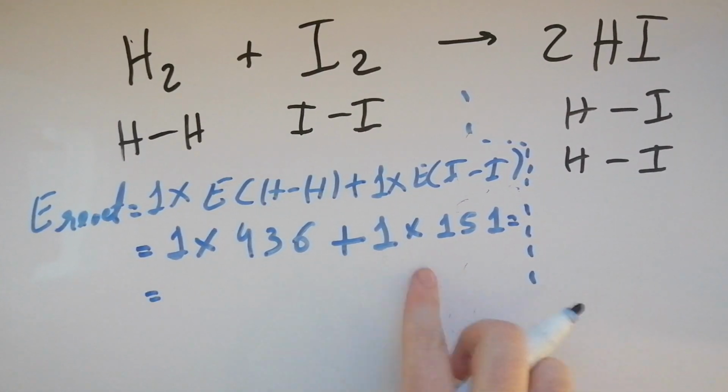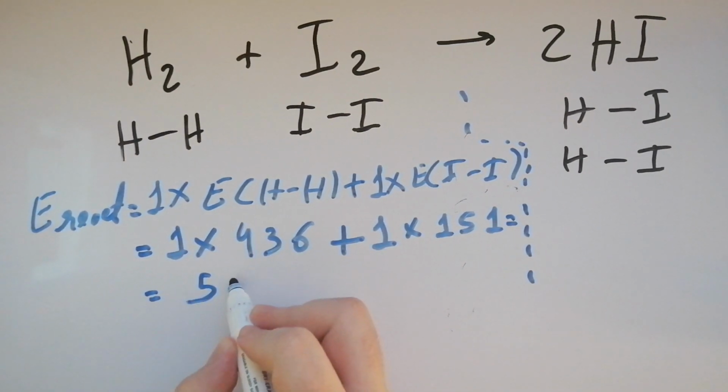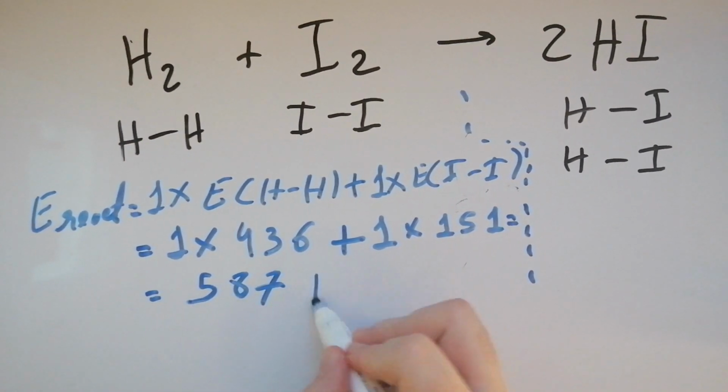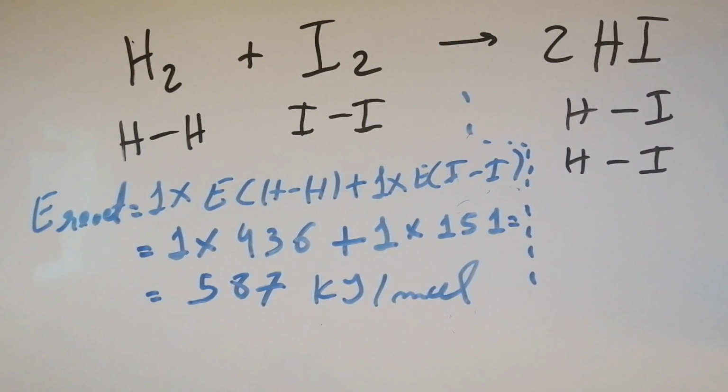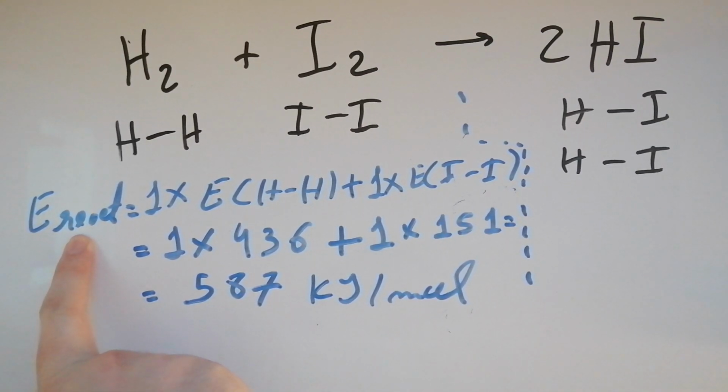And if we sum these two numbers together, we get 587 kilojoules per mole. Okay, so this is the energy of the reactants, right?